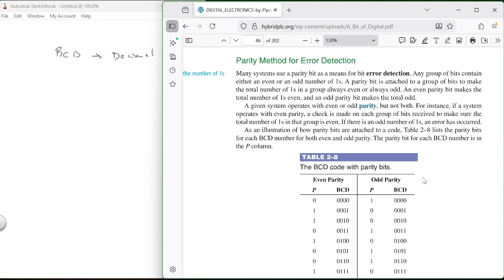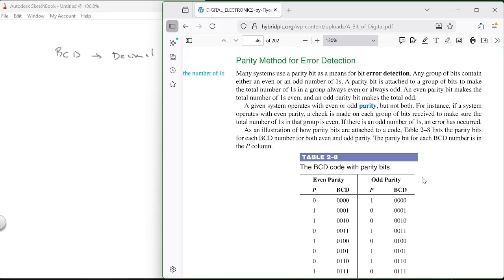Now, why would we even worry about parity? If a bit goes bad in your computer, parity will detect it and flag that word as wrong. And you say, is that practical? Yes, it's very practical. That's why we have parity in a computer system.